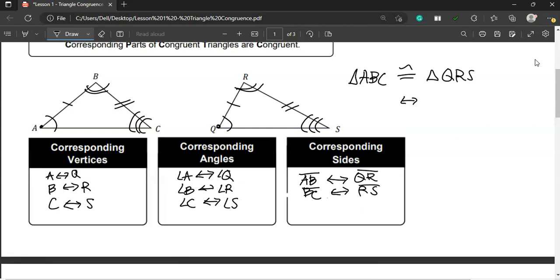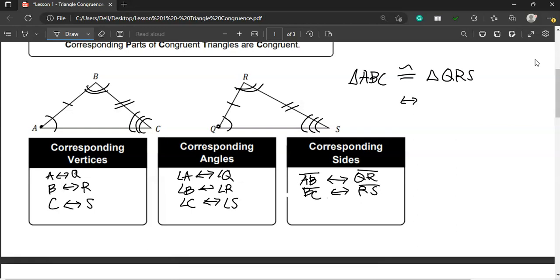Always remember that when we're writing corresponding segments or sides, we also have to consider the corresponding vertices. For example, for AB, since we started with A, which corresponds to Q, we then have to correspond it with QR, which means we have to start with Q as well.